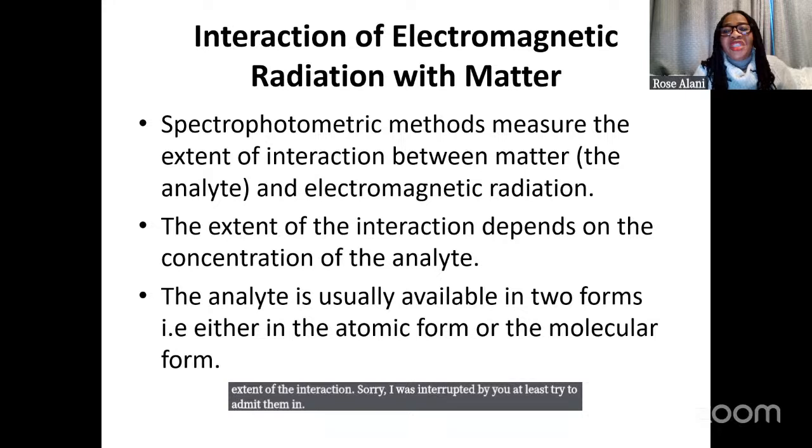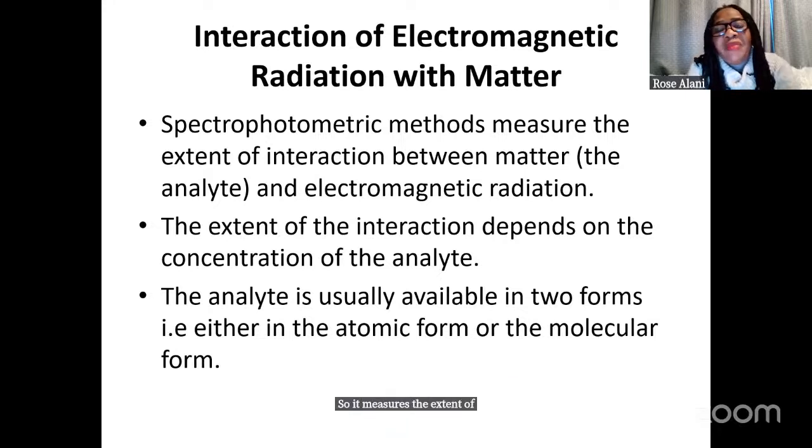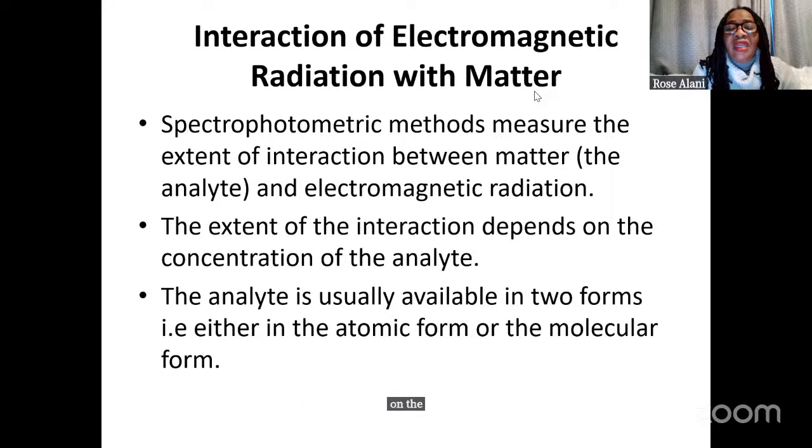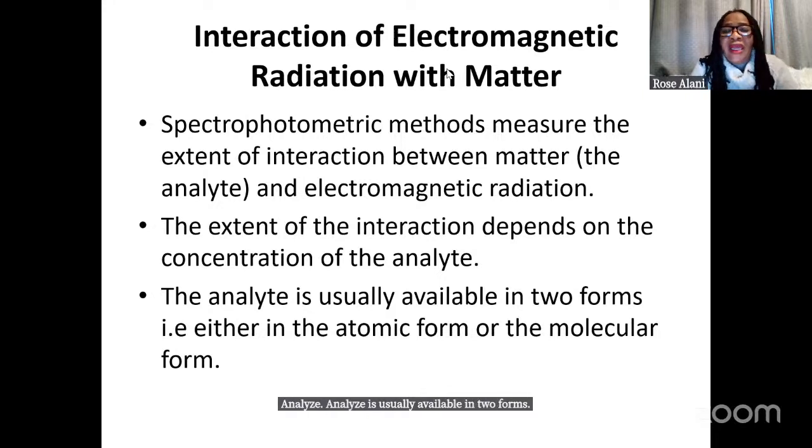So it measures the extent of the interaction between matter and electromagnetic radiation. That is what the spectrophotometric method measures. The extent of the interaction depends on the concentration of the analyte. Analyte is usually available in two forms: either the atomic form or the molecular form.